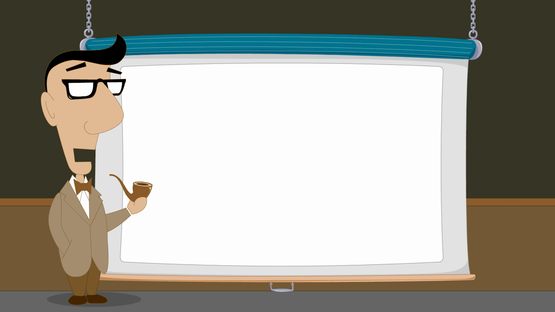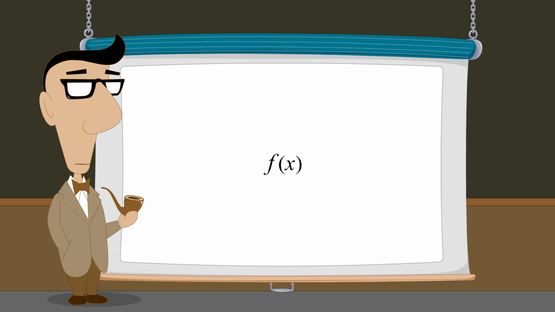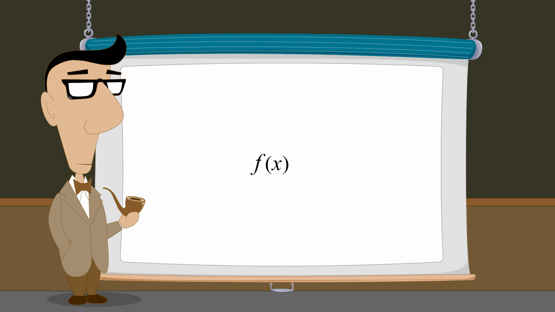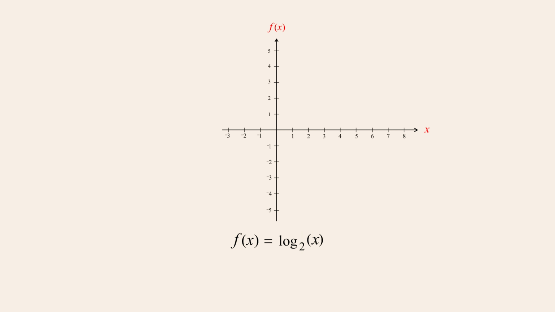So now that we have evaluated a few examples of logs, let's try graphing the logarithmic function of x, log base 2 of x. We will start by evaluating log base 2 of x for an x value of 8.